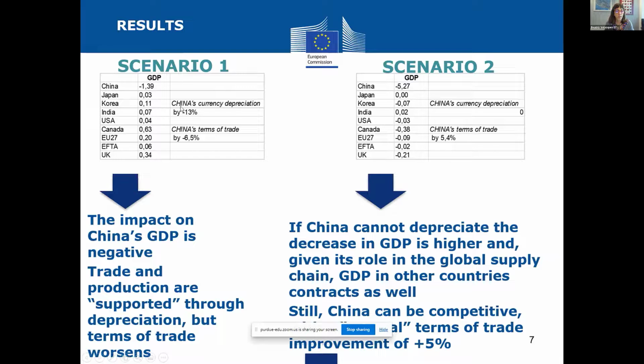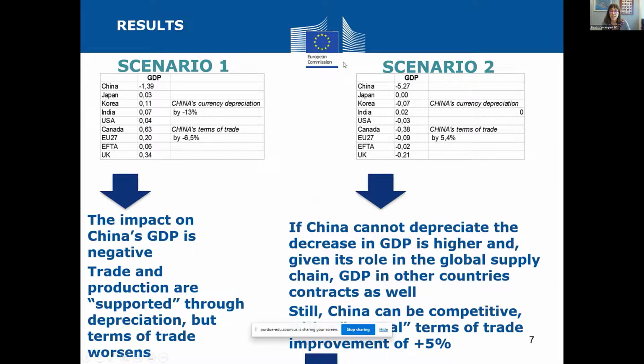What we notice is that depreciation in China is almost 10%. So China is compensating partially, because terms of trade decrease as well, through depreciation, not completely.